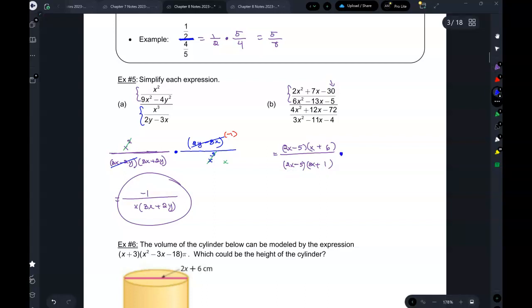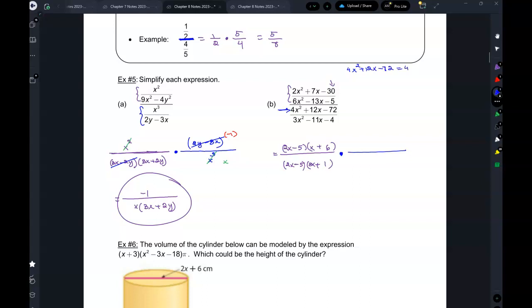Now, times, I'm going to do this bottom one. Okay? So here's what I'm going to do. I'm going to factor this, but it's going to go on the bottom. Correct? Okay, so you know what? That actually takes a little bit of work. So let me write it here. And let's factor that.